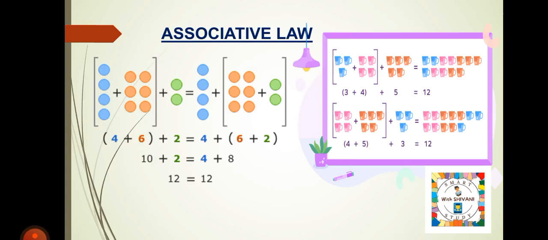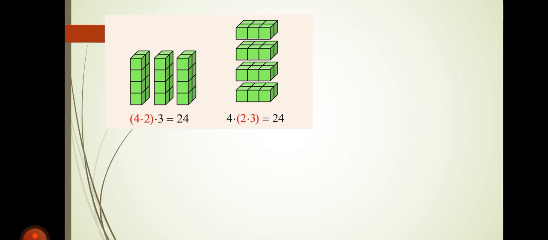Moving ahead with the multiplication law for the associative, that means it says that there are 4 cubes, each in front and a back. So that means it is 4 times 2, which is 8, and such that there are 3 columns. So 8 times 3 is 24.